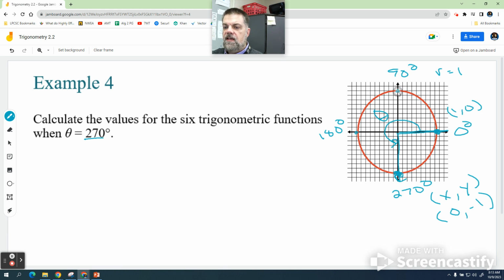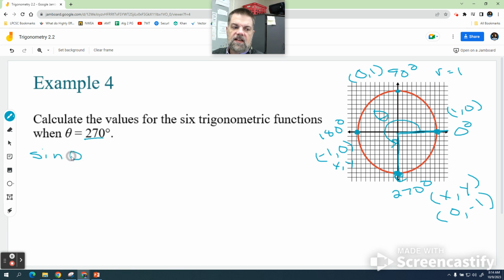This point right here would be 0 comma 1. And this point right here would actually be -1 comma 0. All of these are xy values for these angles, right? So then this is actually really easy.